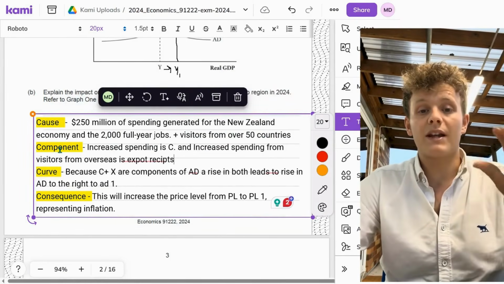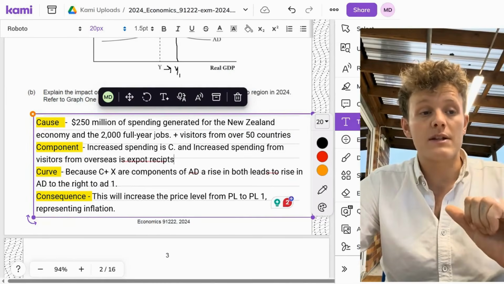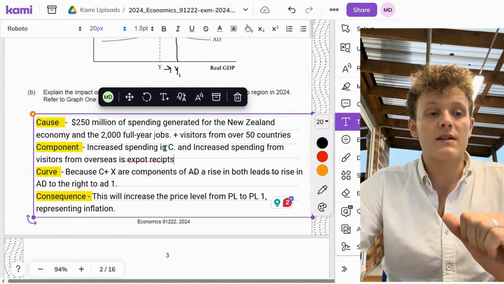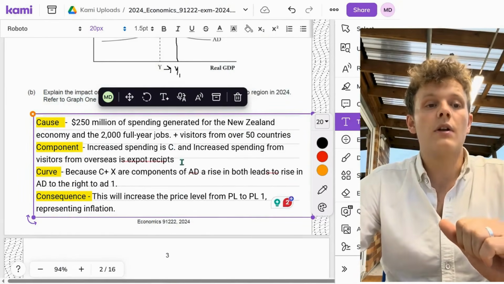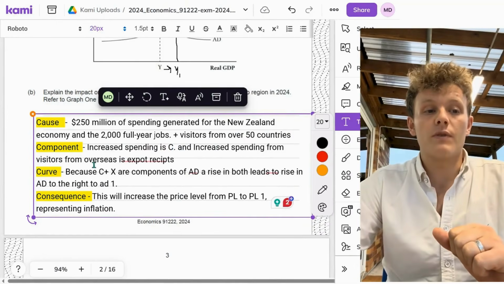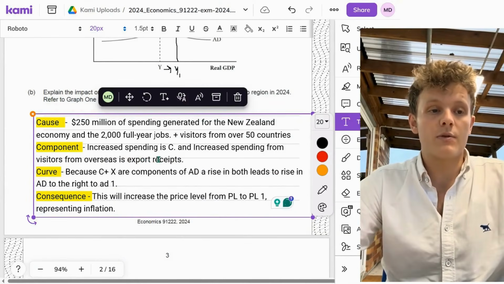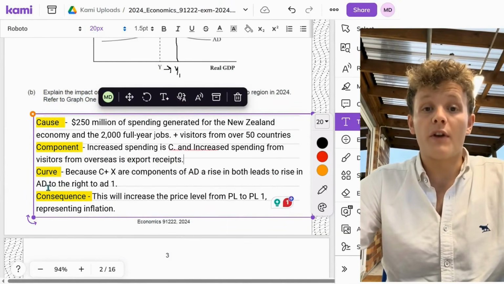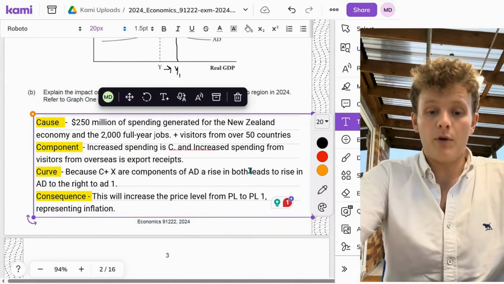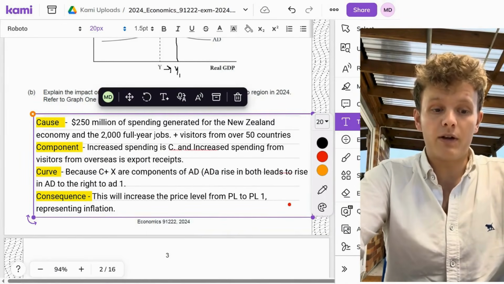Then component, so we link that cause to a component of aggregate demand. So increased spending is C, consumer spending, use the whole term there. And increased spending from visitors overseas is export receipts. So we're going to use the whole term there as well, export receipts. Then we talk about the curve. So because C and X are components of AD, and we can put the whole equation in here. In fact, right now I'm going to do that.